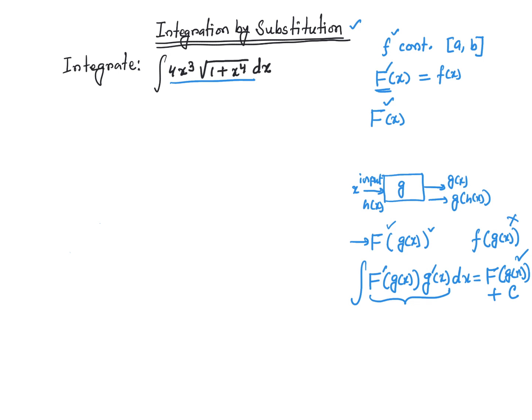Now, sometimes what we do is substitute this g of x by something called u, so that this becomes F of u plus c. So the idea behind this is to consider the function composition of the uppercase F.